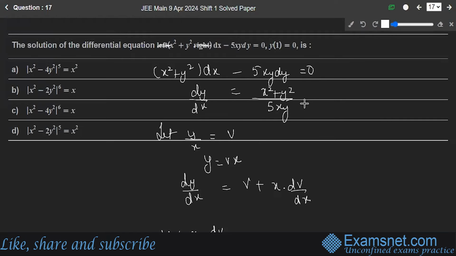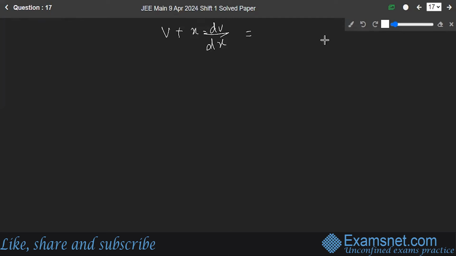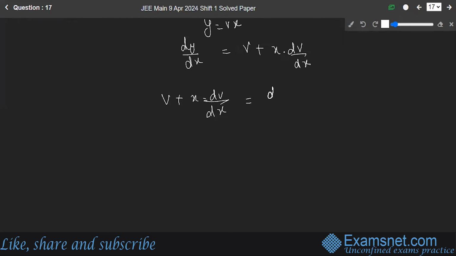So you will have v plus x into dv by dx is equal to, this one, which can be written by dividing both the numerator and the denominator by x squared. This will be (1 plus y squared upon x squared) upon 5y upon x. Writing this in the v form, this is equal to (1 plus v squared) upon 5v.